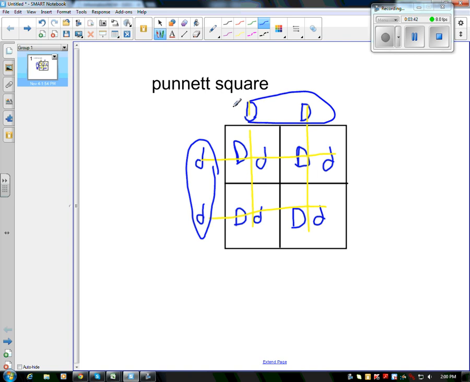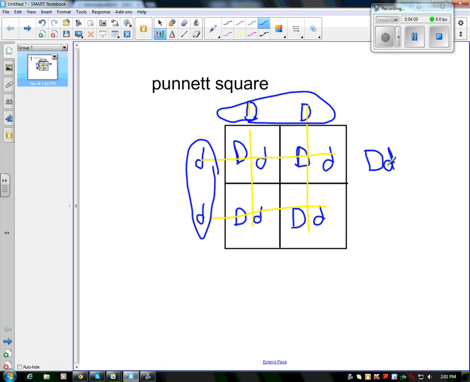Parent 2, I'm sorry, regular size parent. So what would these be? Well, this would be big D, little d, big D, little d. All four of them are big D, little d. So every genotype is going to be big D, little d, right?